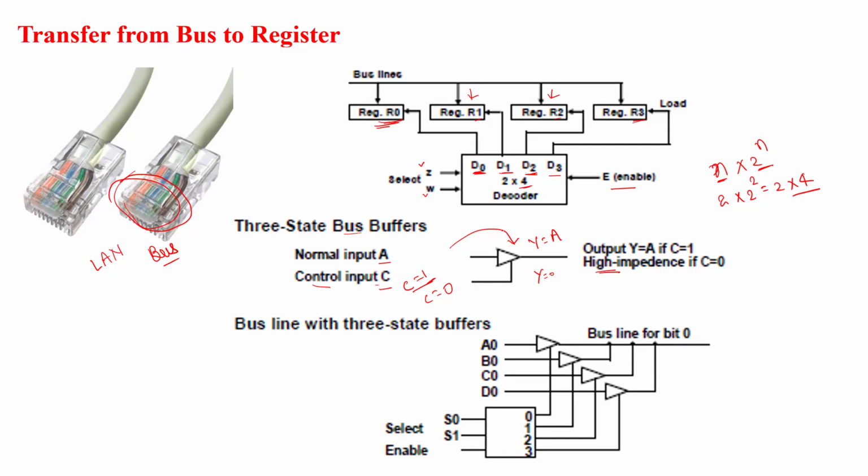Then only the input data will be transferred to the output. Otherwise it will have high impedance at the output, so no information will be transmitted.